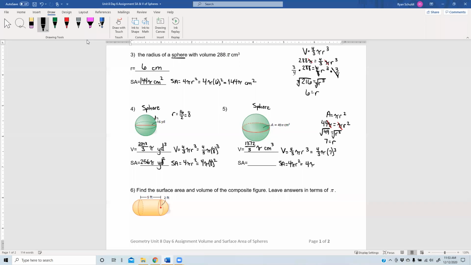So it'll be 4 pi times 7 squared, which you put everything in but the pi, and you get 196 pi as your answer. So 196 pi centimeters squared is our total surface area.